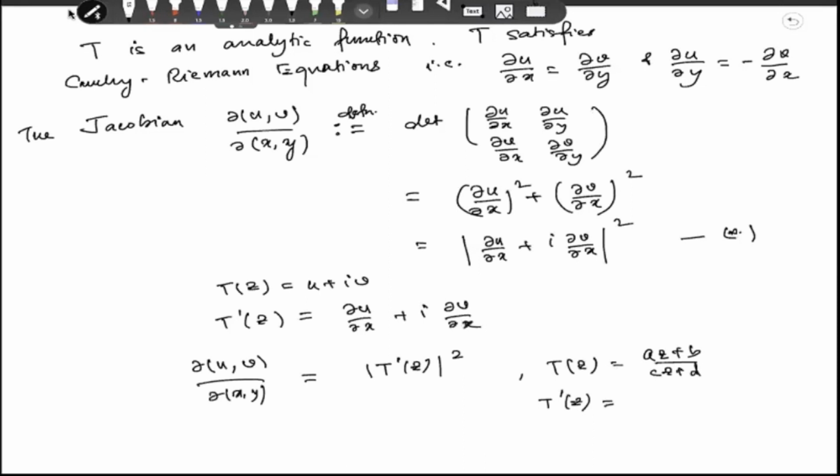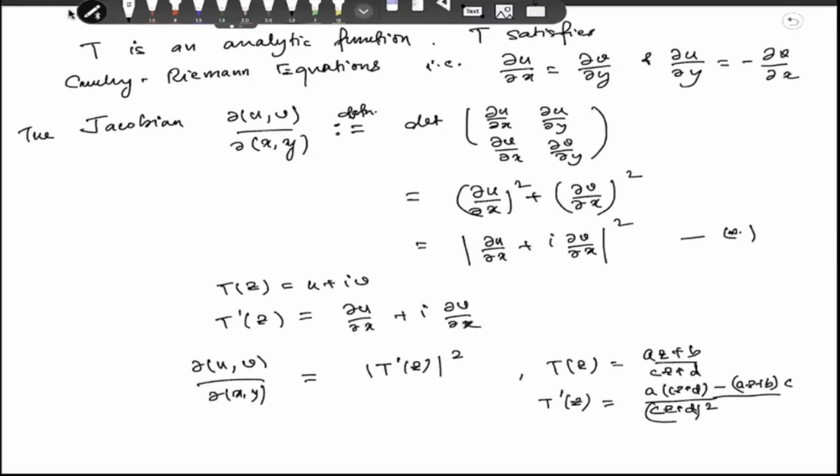So this will be equal to cz plus d squared, and here you're taking the derivative of the numerator, so it will be a times cz plus d minus az plus b times c.